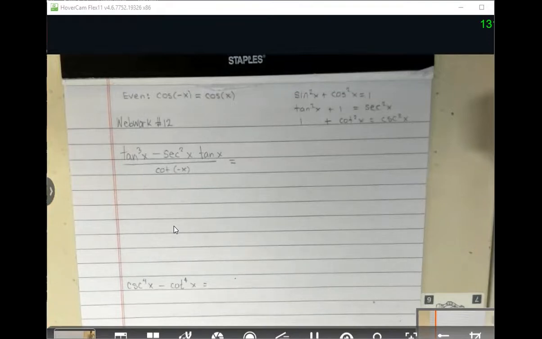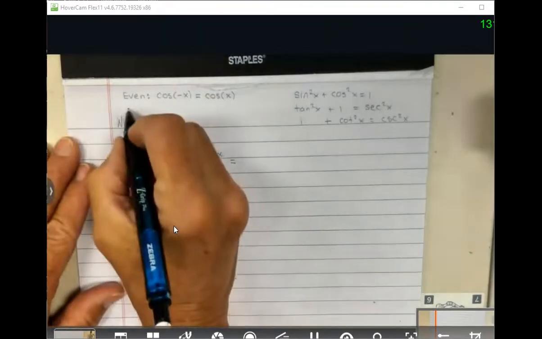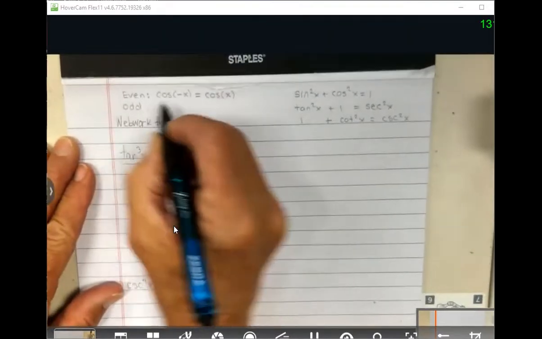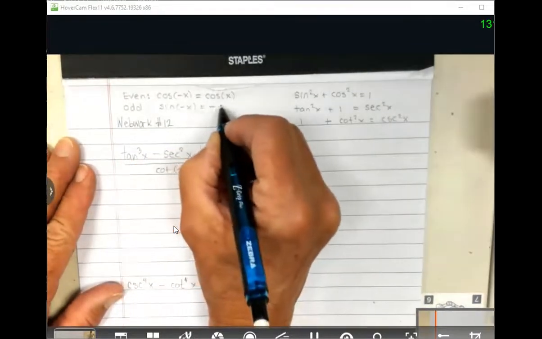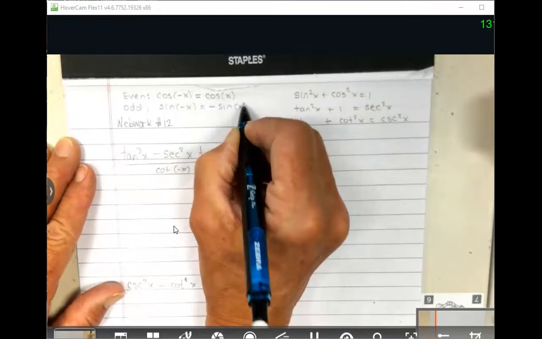Sine is an odd function that says the sine of minus x is minus the sine of x.